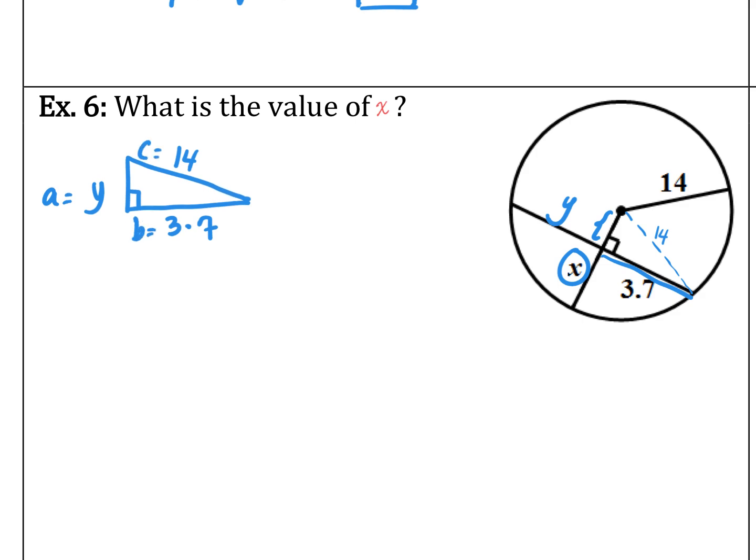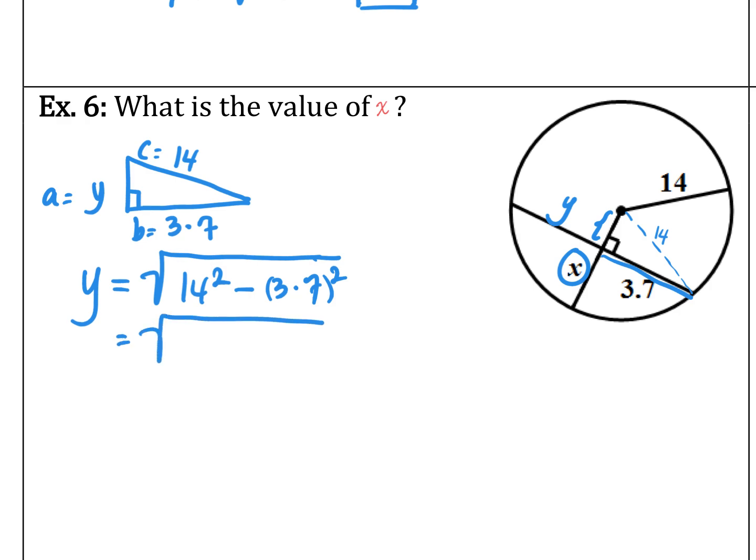If we solve it directly, y is equal to the square root of 14 squared minus 3.7 squared. 14 squared gives you 196, and 3.7 squared gives you 13.69.